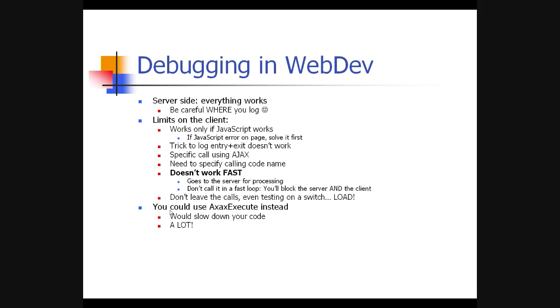This would mean that each time in your loop, when you're going from 1 to 1000 and you're adding 1, it would go to the server and back. So obviously it would be extremely slower.